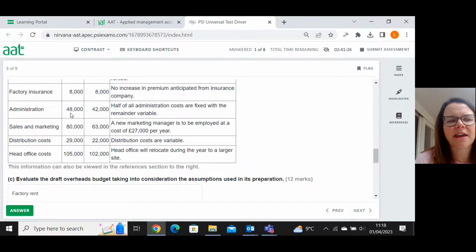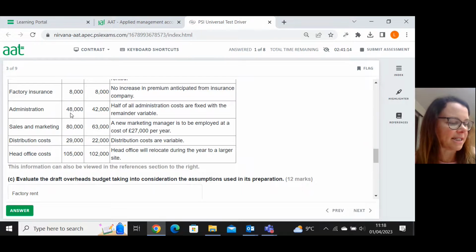So that suggests that they think there's going to be some sort of increase in the fixed element of the admin overhead. So to get that across, I have written, as I say, I will put a copy of the writing with the video as well, but I've written, following the given assumption that half of the admin costs are fixed and the other half variable, the new budgeted admin cost is expected to be 45,150, and I've shown that calculation that I just explained in brackets.